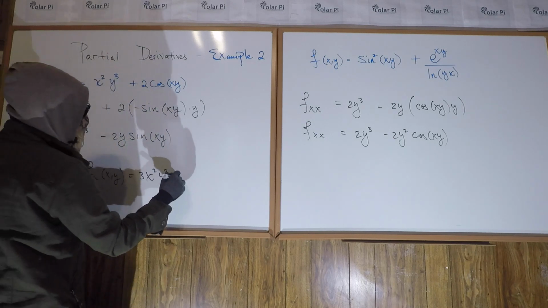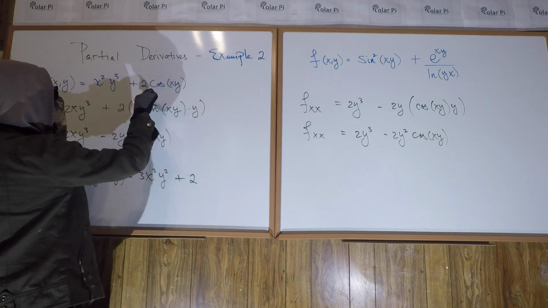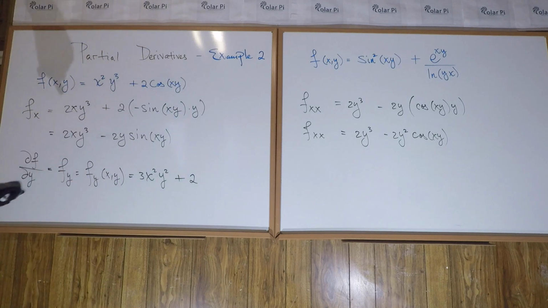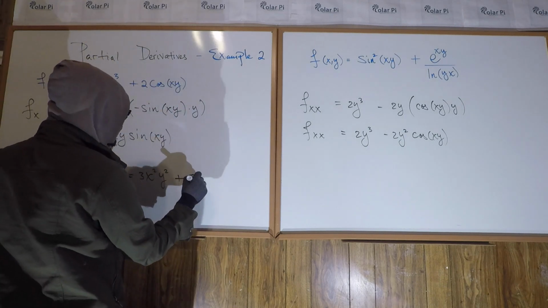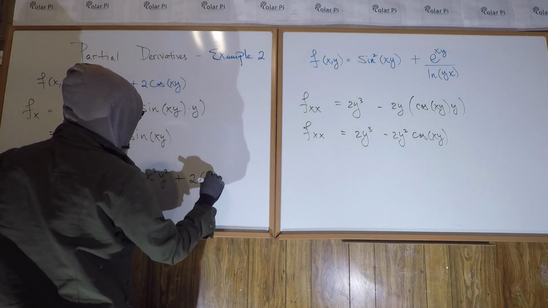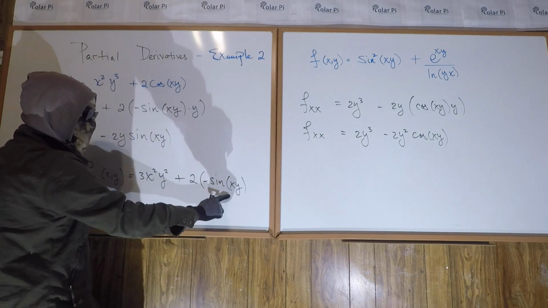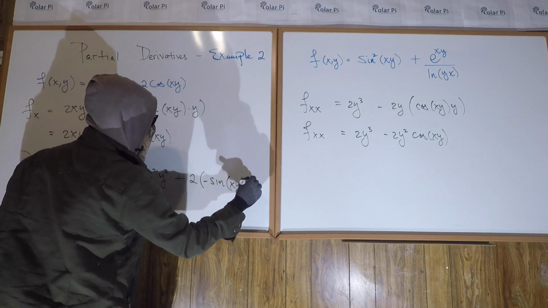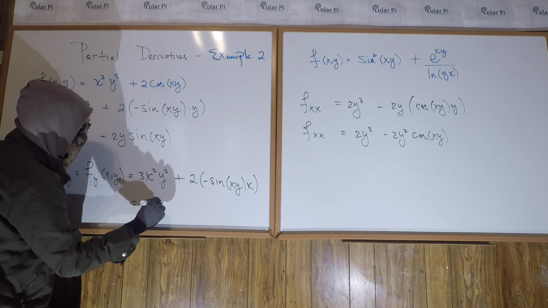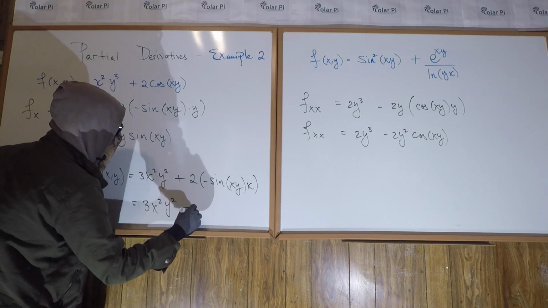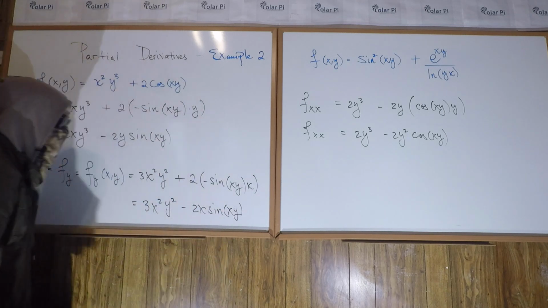We're done with the derivative of there. And then plus 2 times here, cosine inside it has a y, and therefore this is a function of y, cosine. So we go 2 and then negative sine of xy, but then this time x is a constant, so we multiply by the constant to say we're done.